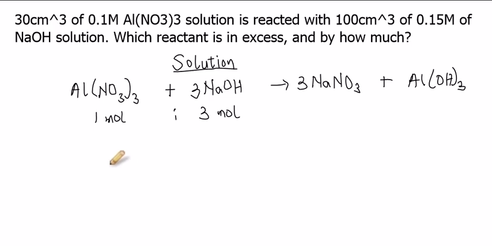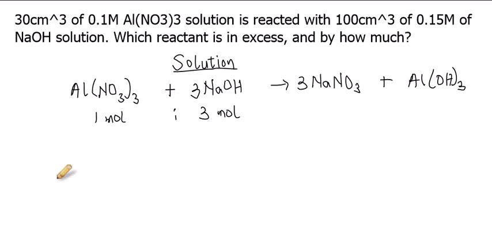So let's start with aluminium trioxonitrate(V). In the above question, we are made to understand that 30 cm³ of 0.1 molar aluminium trioxonitrate(V) was being used. So we need to determine the number of moles of aluminium trioxonitrate(V).